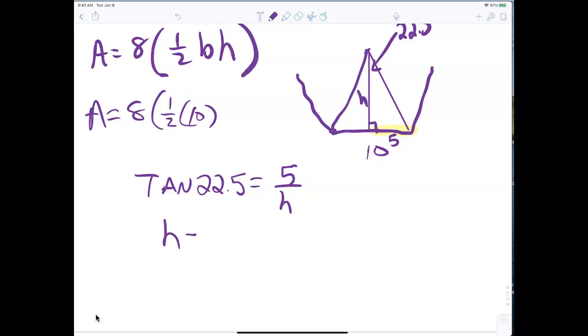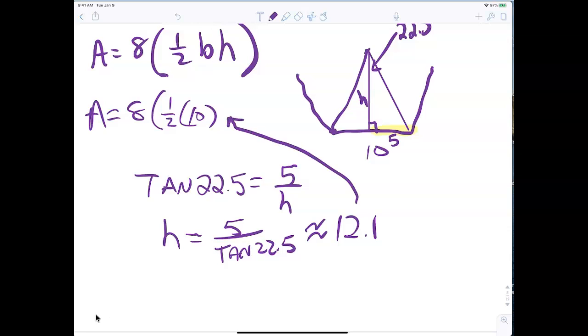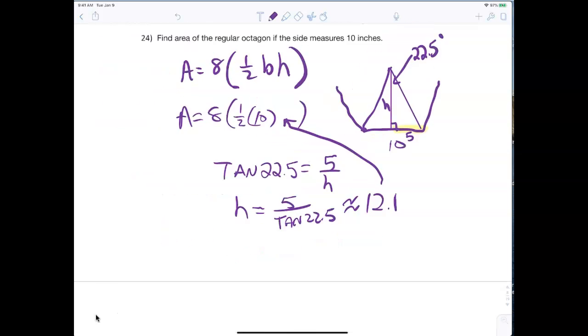So h is equal to 5 divided by tangent of 22.5, which is approximately 12.1. Now we take that answer, multiply it by 10, divide it by 2, multiply by 8. So what's the area of that regular octagon?